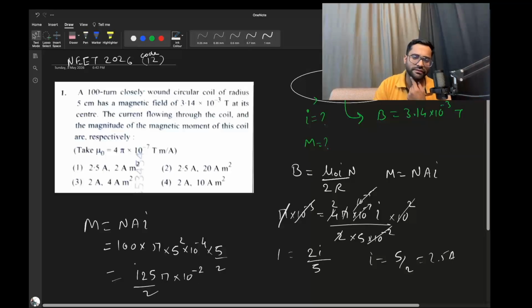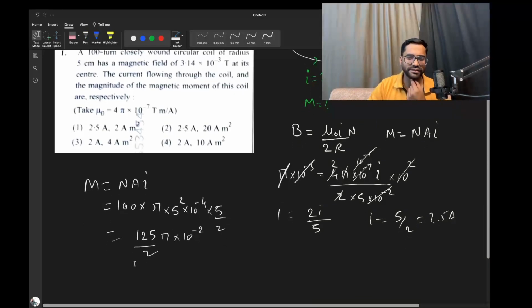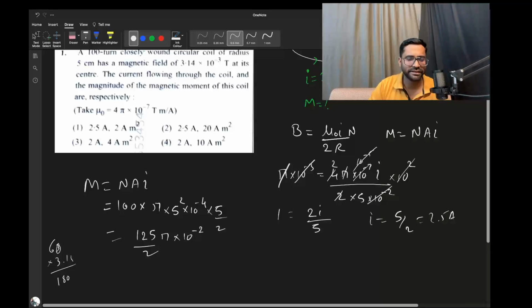Half of 125 is 63 something, so you can write 63 approximately into 3.14. You can round off 60 into 3, 180. So somewhere around 200 you will get, and into 10 raised to minus 2 will give you somewhere around 2 ampere meter square.